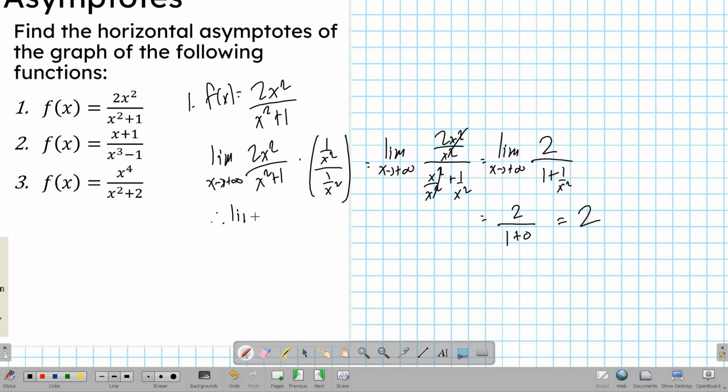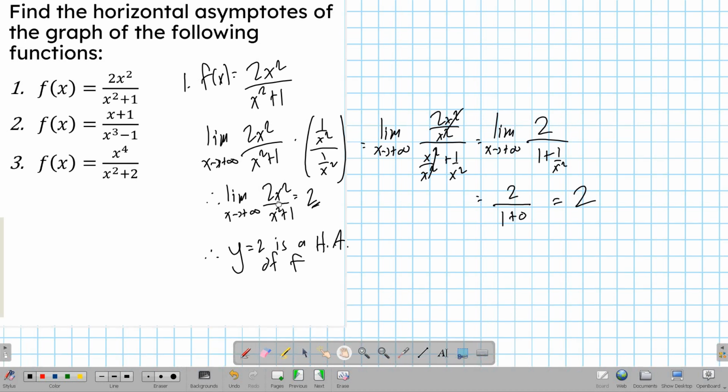Therefore, the limit of 2x squared over x squared plus 1 as x approaches positive infinity equals 2. Therefore, the line y equals 2 is a horizontal asymptote of f, because this has been shown to be 2. So let's take a look.